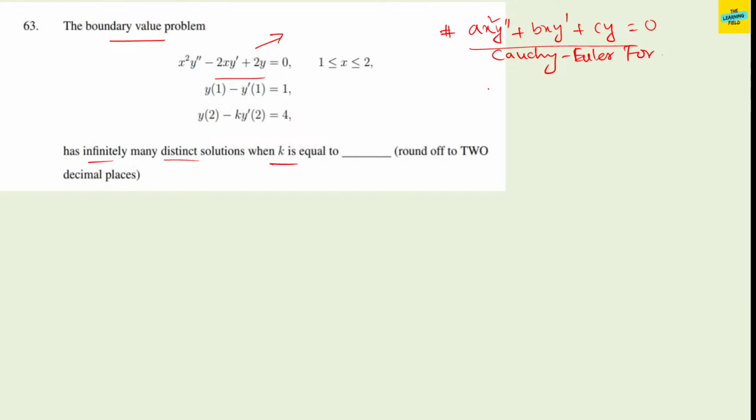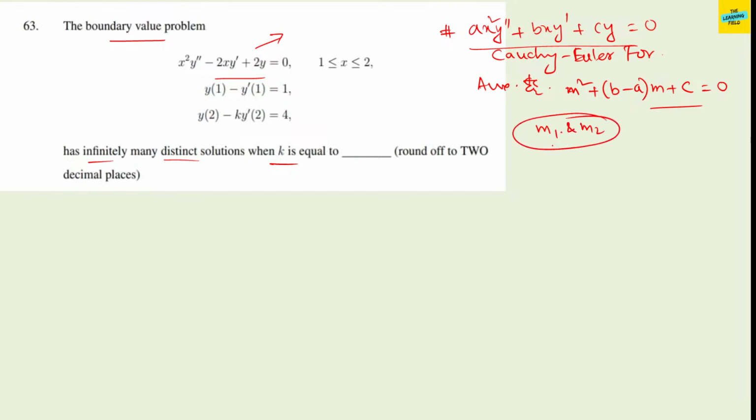From this, first we have to form the auxiliary equation, which is m square plus (b minus a) into m plus c equal to 0, and we get two roots m1 and m2, and then we write the solutions.